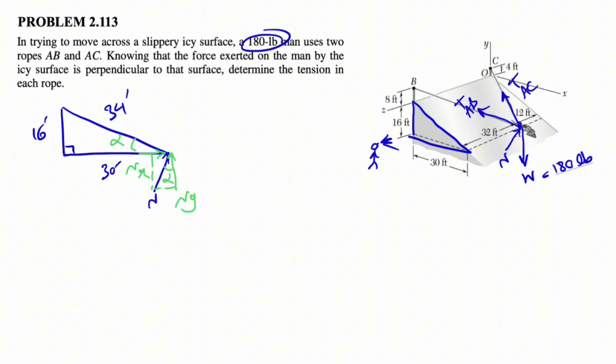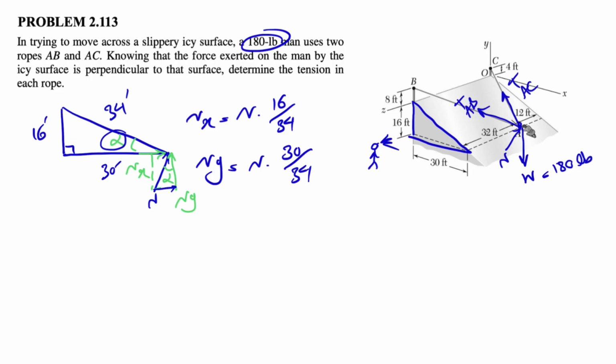For finding Nx and Ny, we need the sine and cosine to resolve it. Our Nx is N times sine of alpha. Sine of alpha is the opposite, 16, over the hypotenuse, 34. Ny would be N times the adjacent over the hypotenuse, so cosine of alpha.